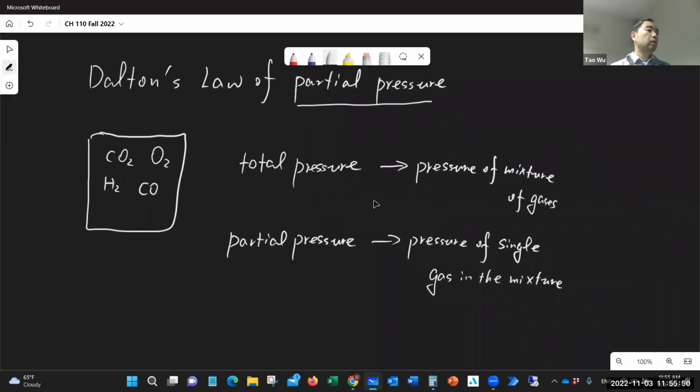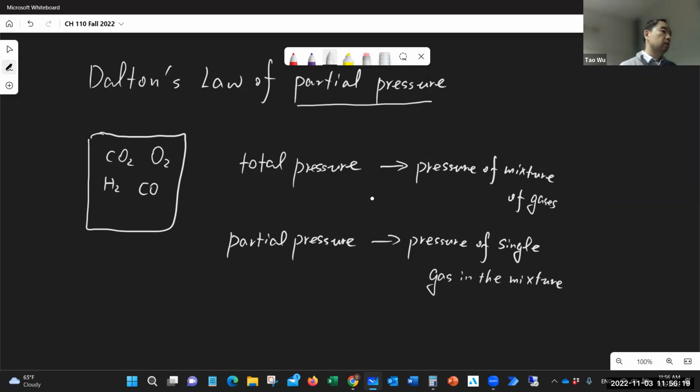The partial pressure is just the pressure of the single gas compared to the mixture. The reason it's called partial is because it's part of the pressure. It's not the total pressure, right? If it's a pure gas, the partial pressure will be equal to the total pressure. But since we have a lot of gases there, definitely the pressure of the single gas is not equal to the total pressure. That makes sense, right?